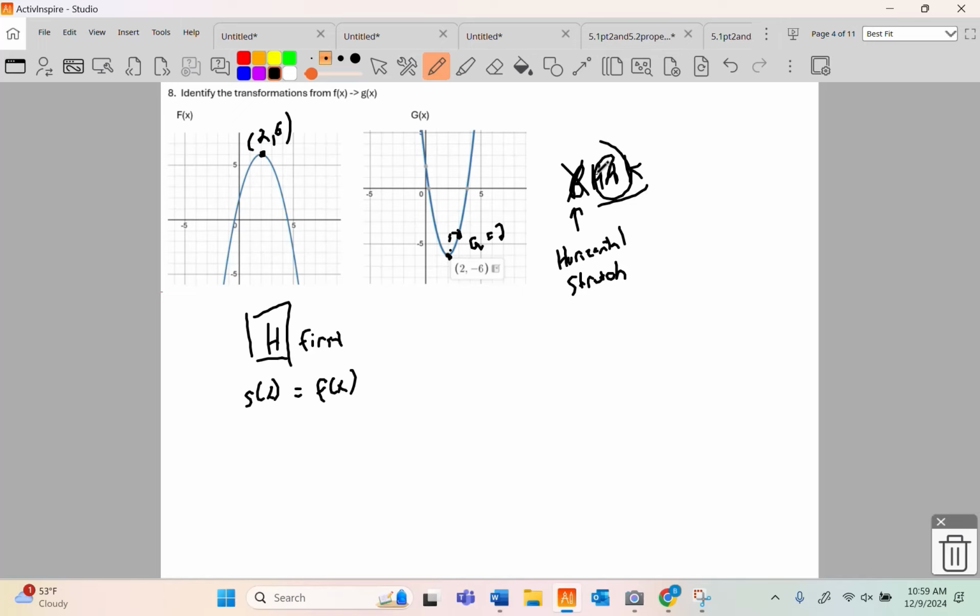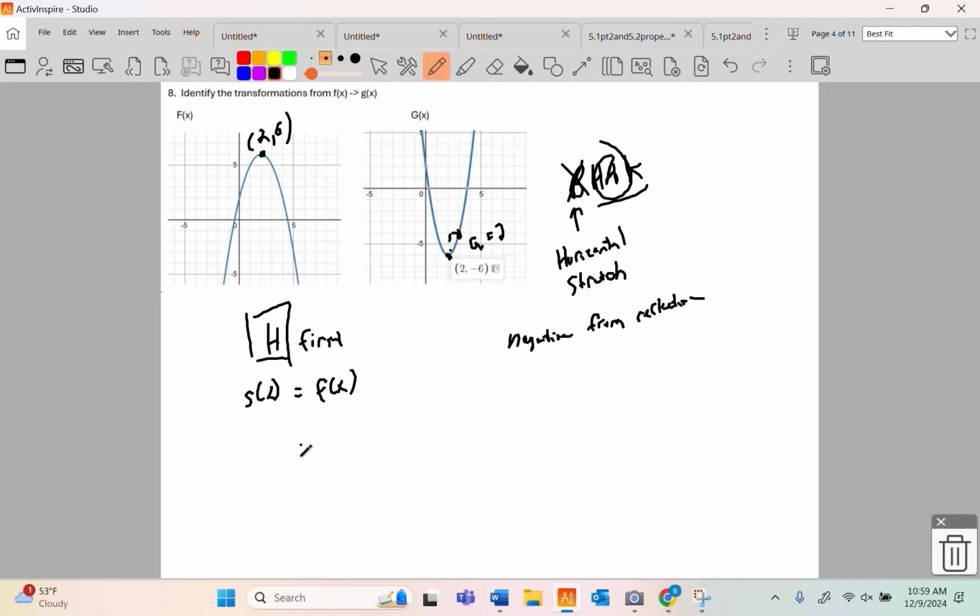Now we focus on a. Two things have happened. A is 2, and it's also negative. It's negative from the reflection. It's a lot easier to show these with functions, okay?